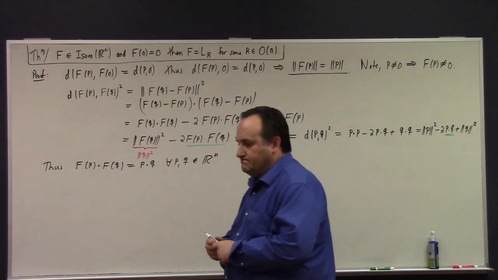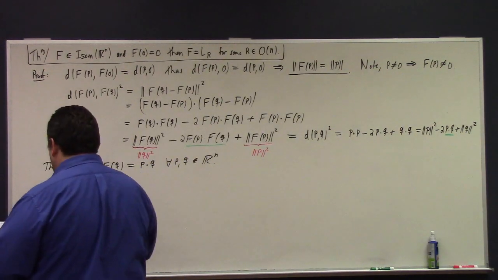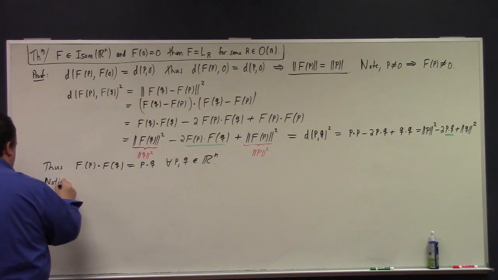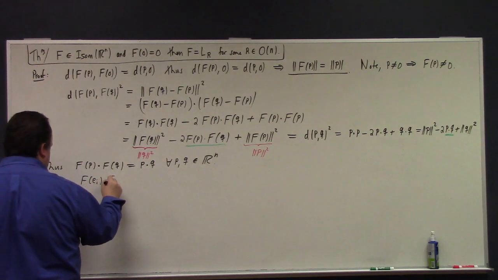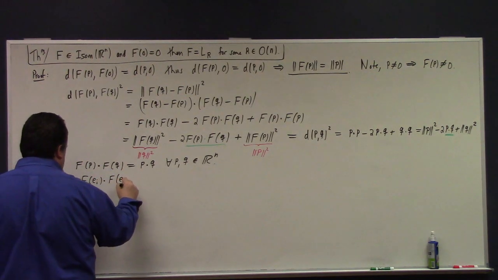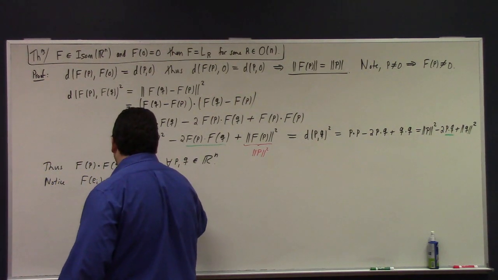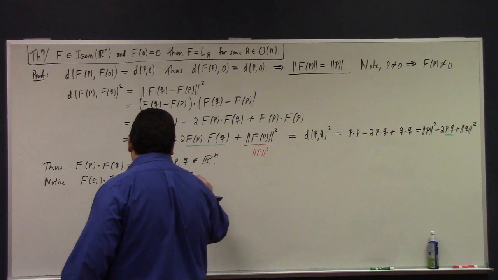All right? So what does that tell us? Notice if we look at f of ei dot f of ej, what do we get? We get ei dot ej, which gives us the Kronecker delta ij.